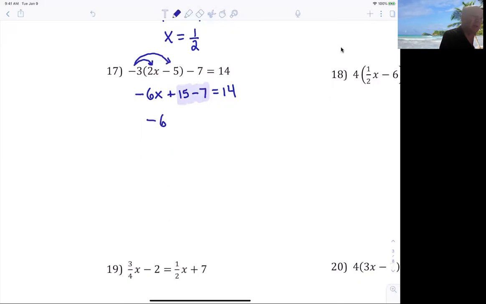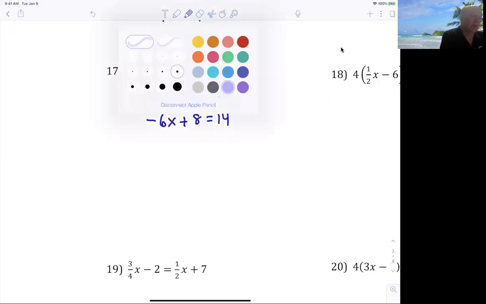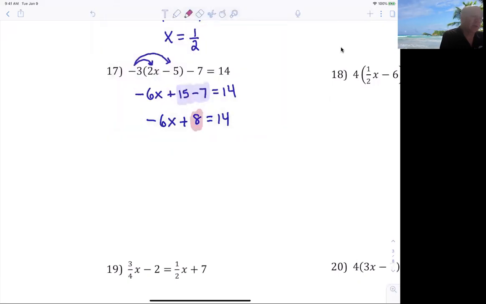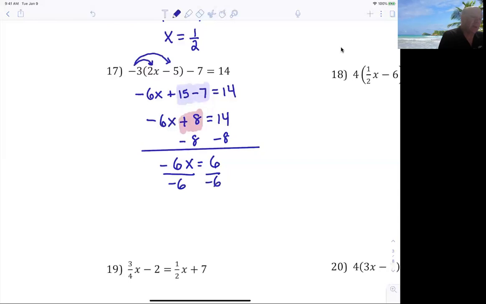So I have negative 6x plus 8 equals 14. Now again, we're back to numbers on the right side of the equation. So I'm looking at this plus 8 and it's in the wrong spot. So I have to subtract 8. And now I have negative 6x equals 6. Dividing both sides by negative 6, I have x equals negative 1.